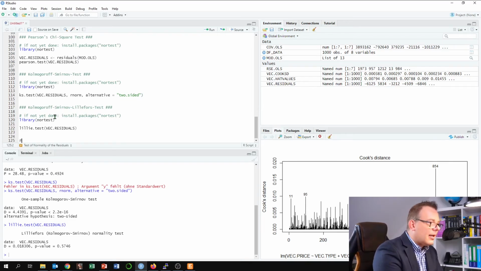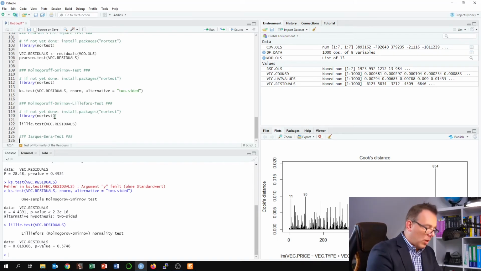Well, there's another one. That's the Jarque-Bera test. This one is also well suited for OLS diagnostic. It's especially invented explicitly for OLS diagnostics.